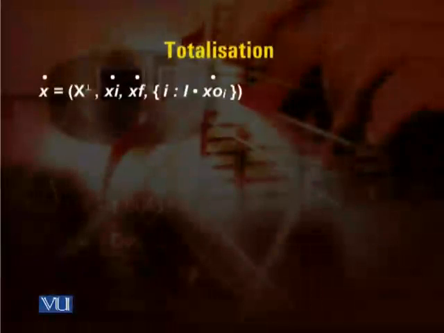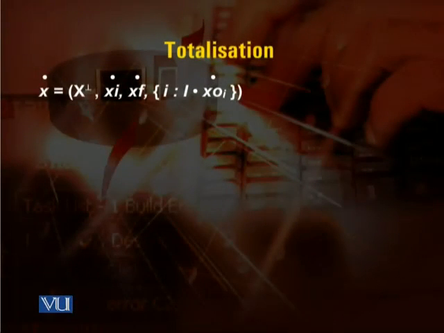So in order to check, we have to perform totalization. So we totalize X. So we have X dot is equal to X inverted T, comma Xi dot, comma Xf dot, comma all the operations. We have the dot defined for all the operations for X. So what we have done here is we have totalized.